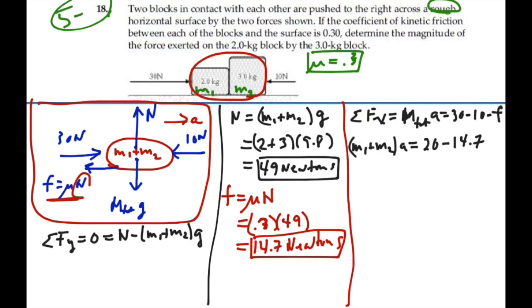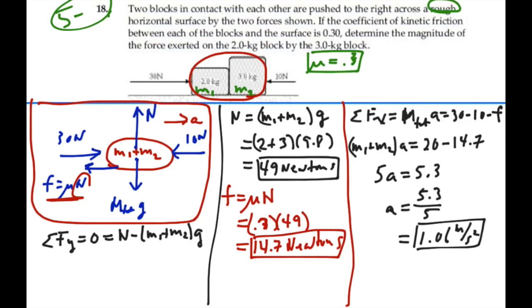So 2 plus 3, or 5, times the acceleration will equal 5.3, or the acceleration is going to equal 5.3 divided by 5, or 1.06 meters per second squared. And it will be going to the right.